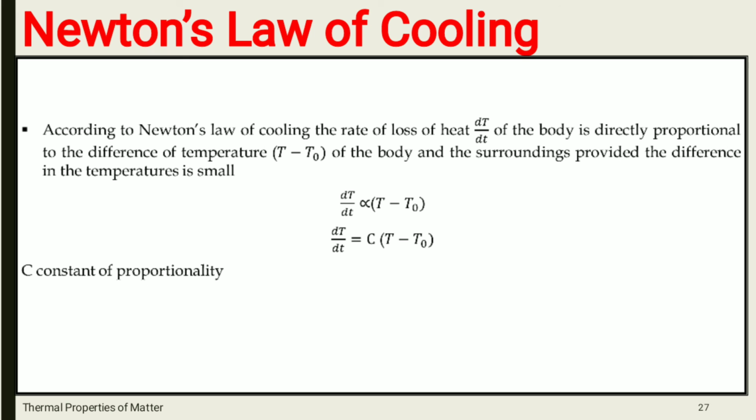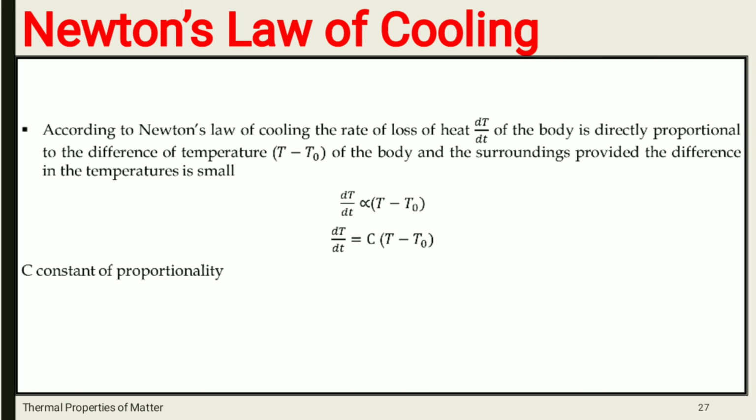Newton was the first to study the relation between the heat lost by a body in a given enclosure and its temperature in a systematic manner. So what is Newton's law of cooling?